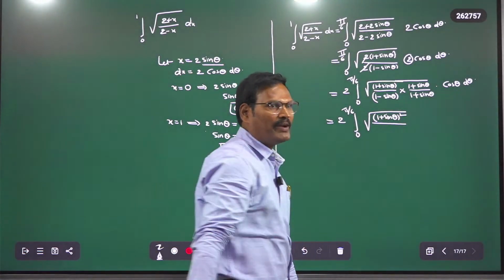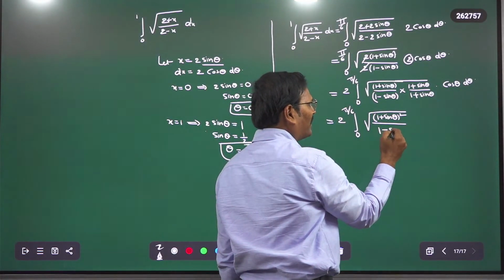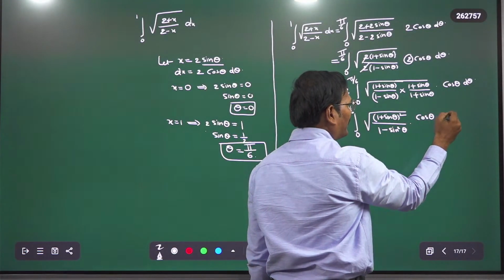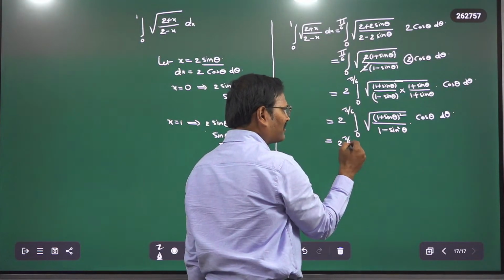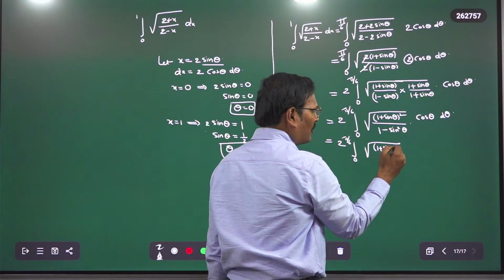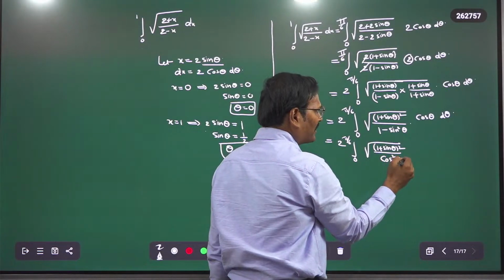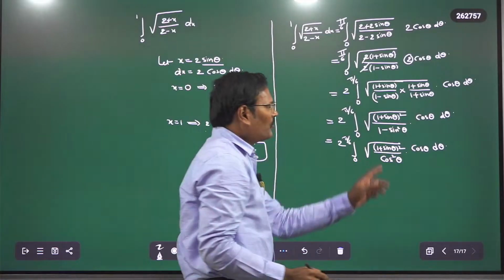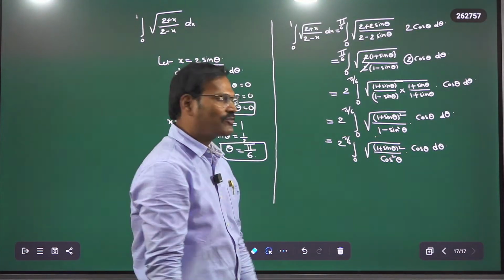A plus b into a minus b is a square minus b square. So 1 minus sin square theta into cos theta d theta. 1 minus sin square theta means cos square theta, by trigonometric identities.